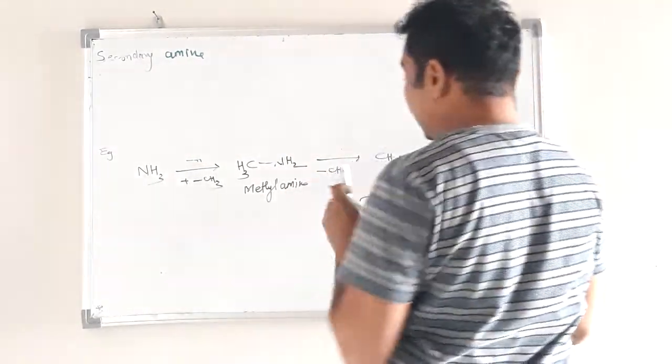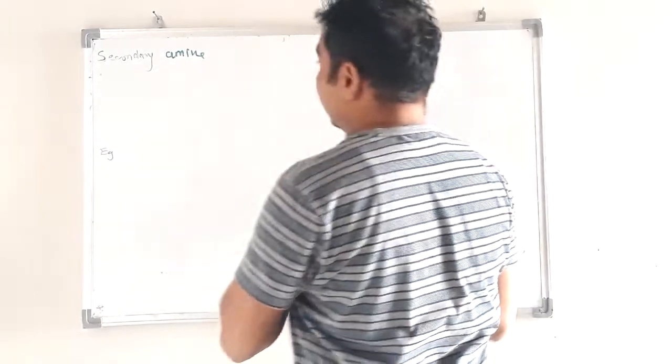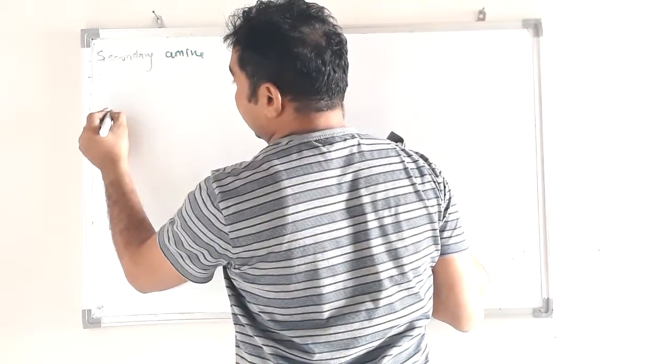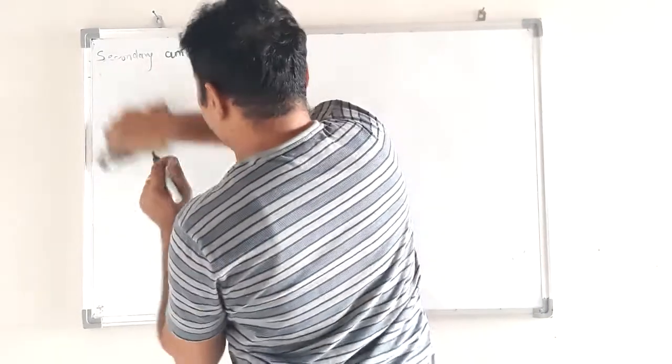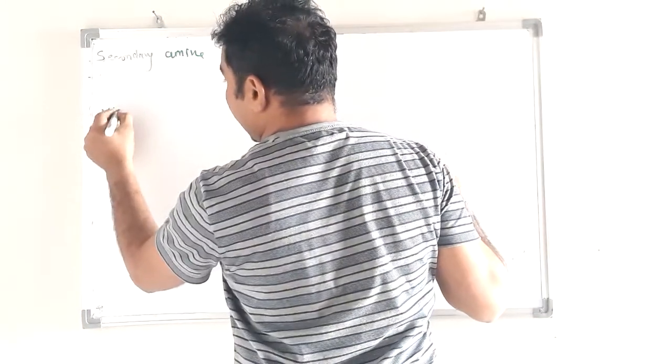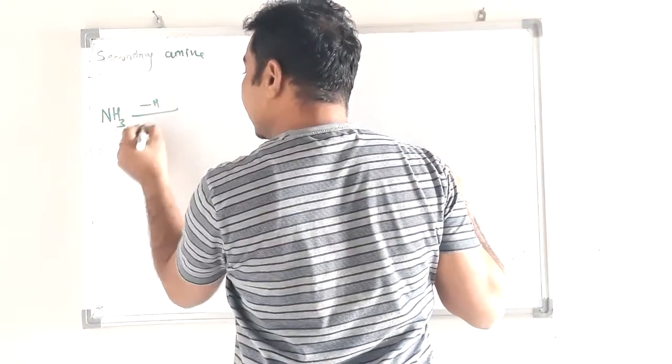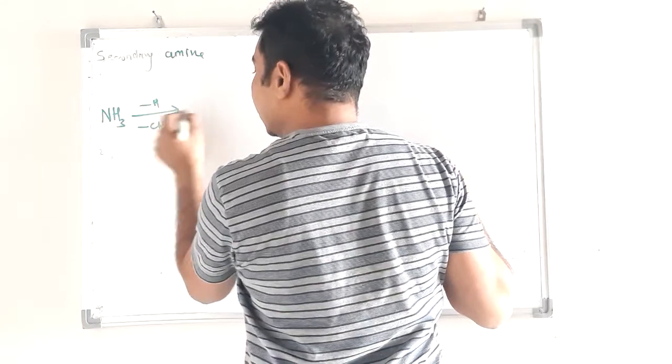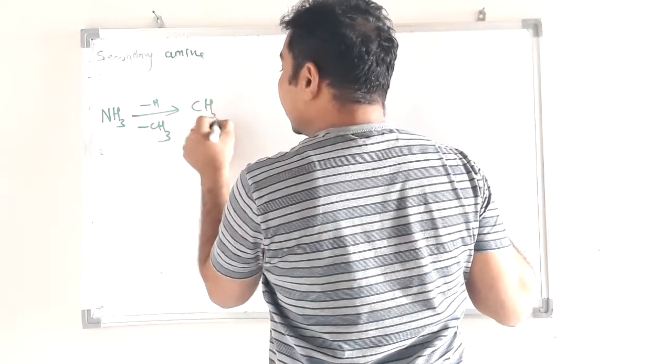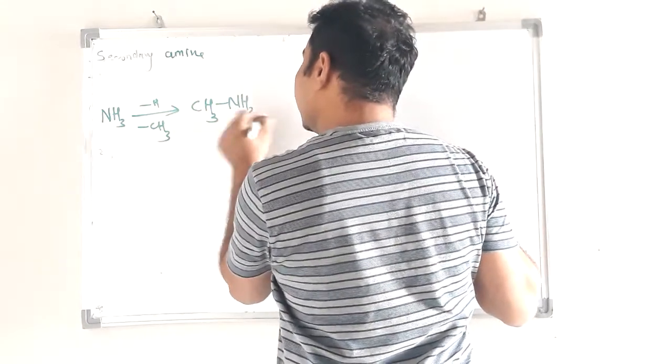Suppose I replace one hydrogen of NH3 by a methyl group, then we get CH3NH2, that is methylamine.